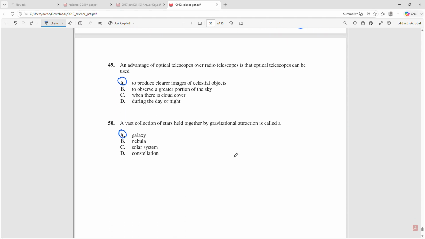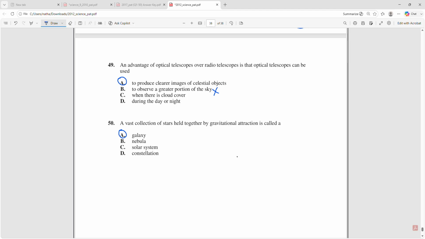Almost there. An advantage of the optical telescope over radio telescope is that optical telescopes can be used. Right answer is A, to produce clearer images of celestial objects. Let's look at the other option. It says they can be used to observe a greater portion of the sky.